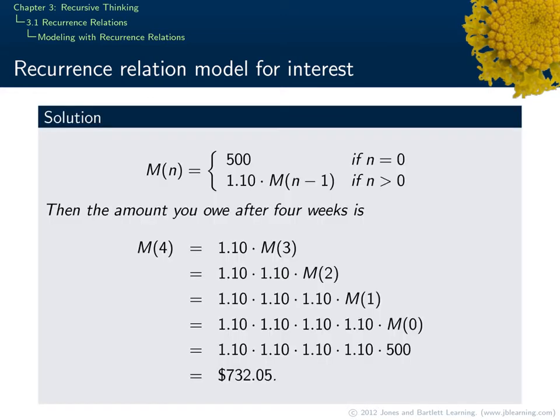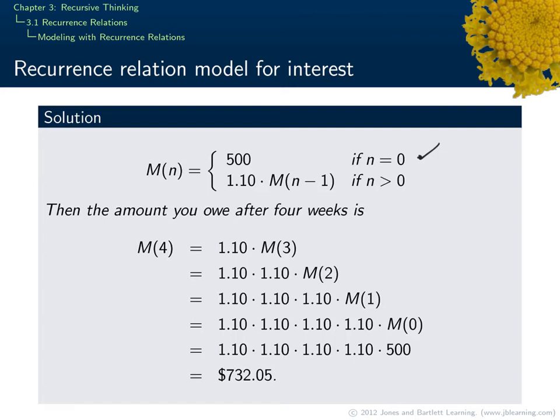So we can phrase this in terms of a recurrence relation. So let's let m of n denote how much money we owe Ursula after n weeks. So if Ursula hands us the $500 and we hand it immediately back to her, then we're all square, right?